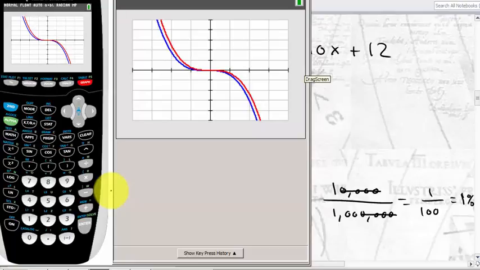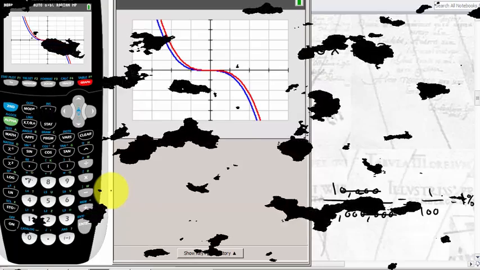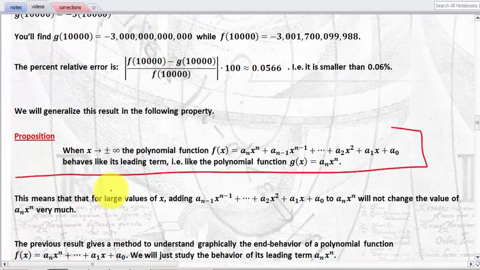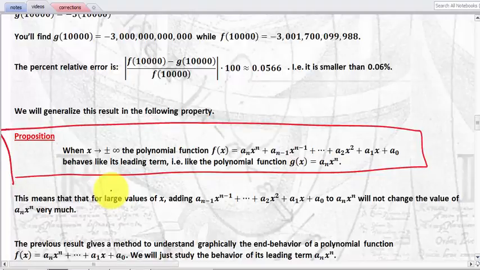All right, so let's describe this with a statement that I will not prove. Here is an important statement in this lecture: the behavior of a polynomial function as x approaches plus or minus infinity is the same as the behavior of its leading term.